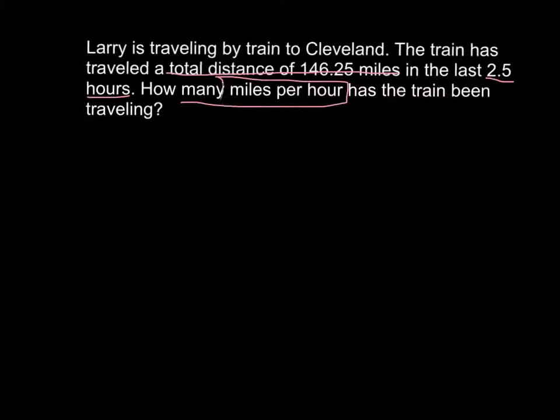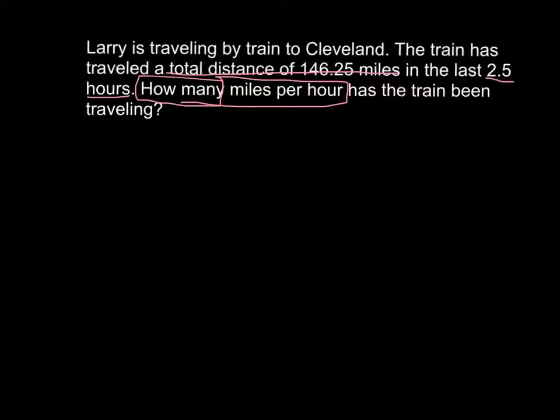How many miles per hour, whenever it's asking that question, is always going to be asking us to divide, because we are starting with that total distance and we are breaking it up into hours. And then that's going to tell us how many miles per hour the train has gone.